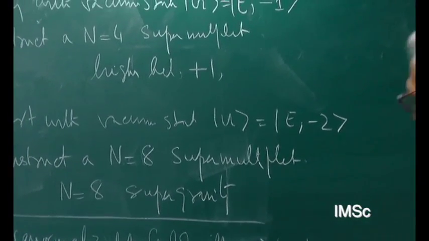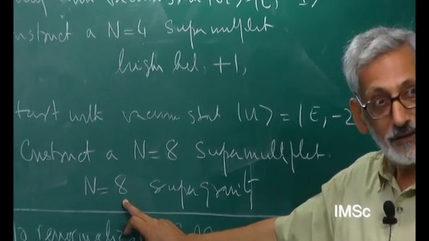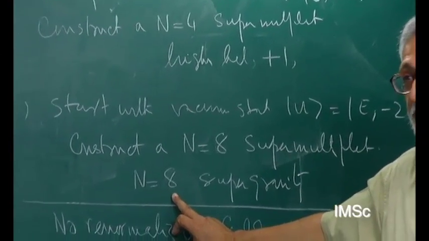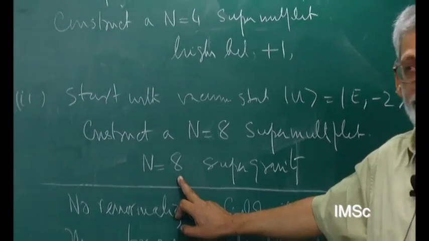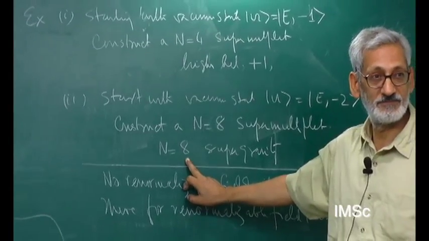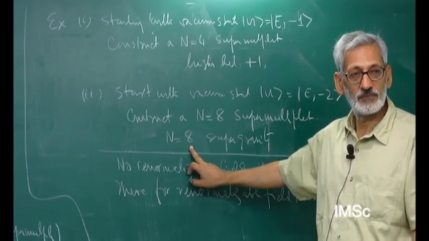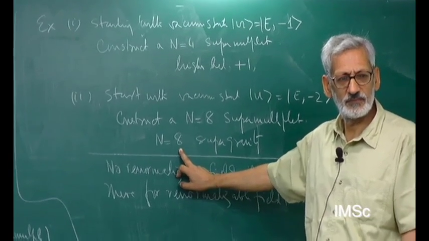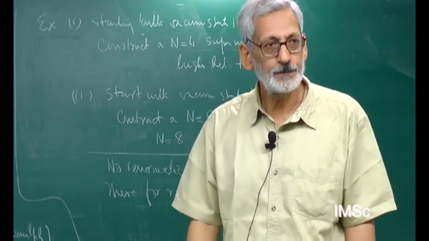Now, convince yourself, if I take n to be larger than 8, I will at least produce some states with spin 5/2, greater than spin 2. We are talking 4 dimensions. This is all 4 dimensions.